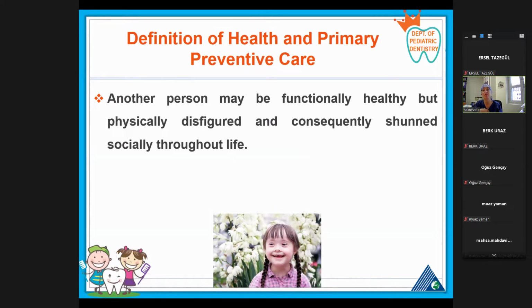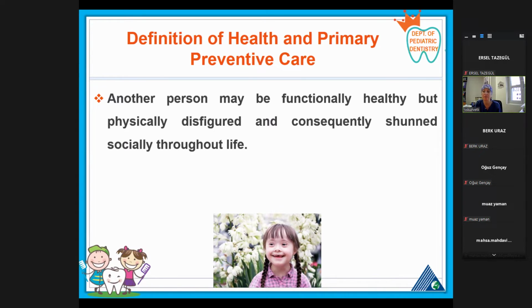Another person may be functionally healthy, but physically disfigured and consequently shunned socially throughout life. And this is an example. This girl with Down syndrome is an example, and she may be functionally healthy, systemically healthy, but when we look at her, we think that something is going wrong with her, and we can think she's suffering from something.